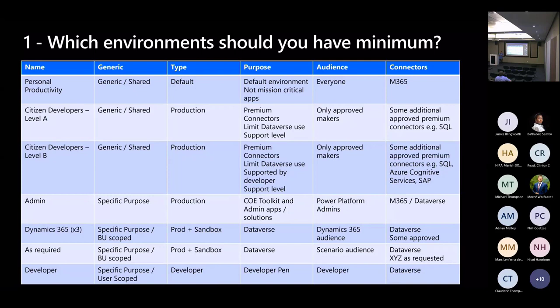And so maybe I have a process that first validates that they've done the Power Platform Fundamentals training, whatever it might be, and then I grant them access. So the audience isn't everyone, it's only approved makers. So you have a security group, and users go into that security group, and that security group is assigned to the environment.